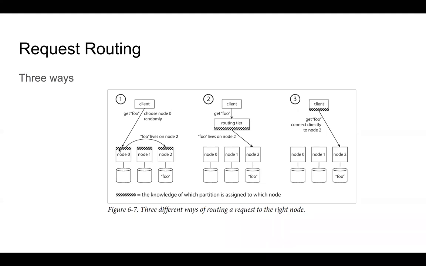So when you say forward the request to node 2, when node 2 gets the response data, it has to send it back to node 0, and node 0 sends it back to the client? No, it's a redirection request. So the client has to make another request, first to node 0, and then to node 2.